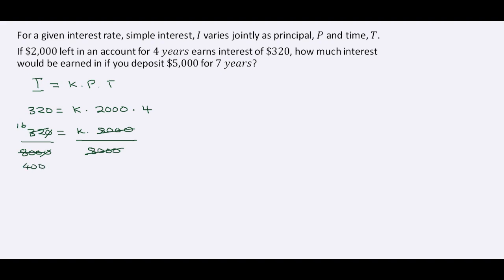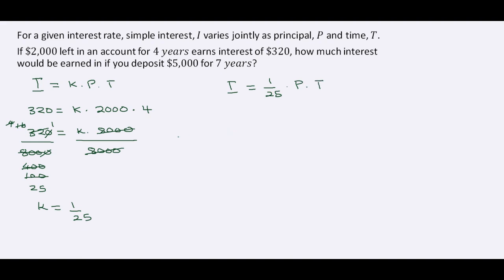You can divide by 4. We have 4. We have 100. Divide by 4 again. We have 1 here. We have 25. So K is equal to 1 over 25. So therefore, interest is equal to 1 over 25 multiplied by P multiplied by T.